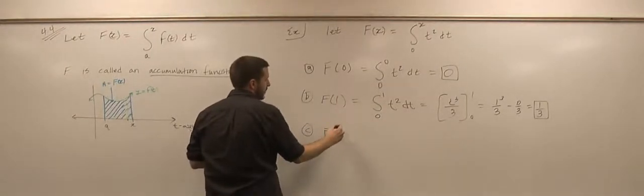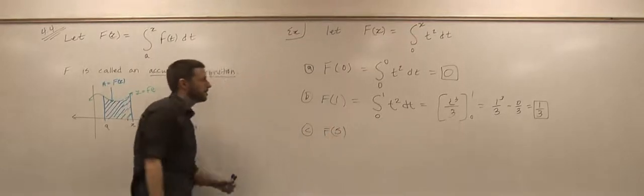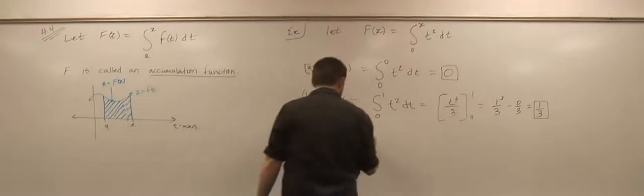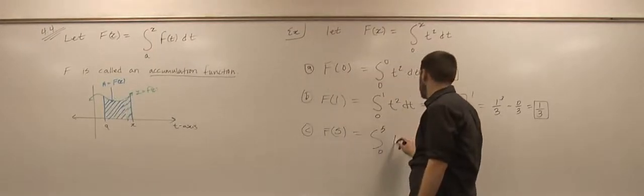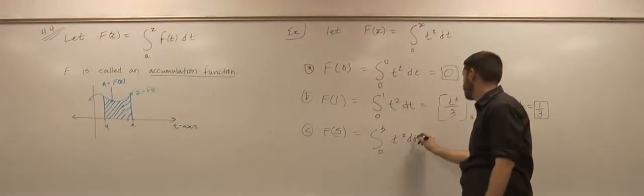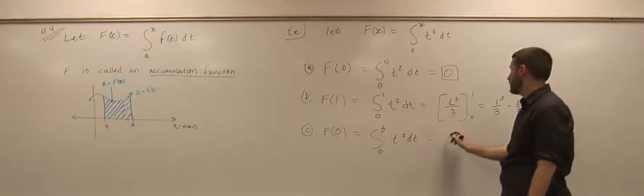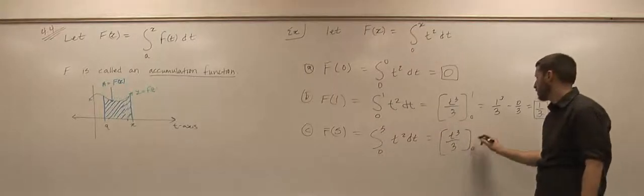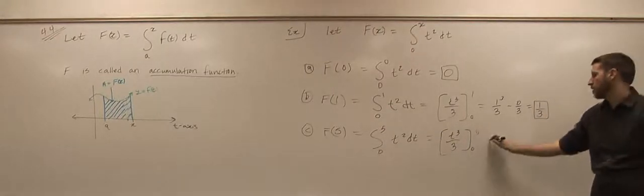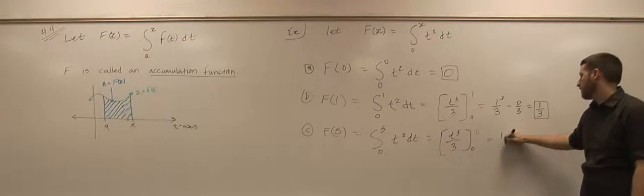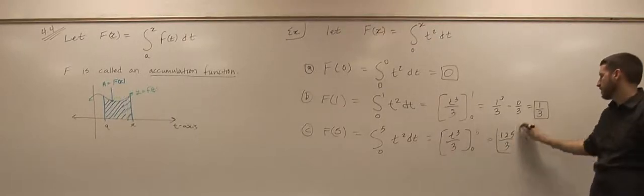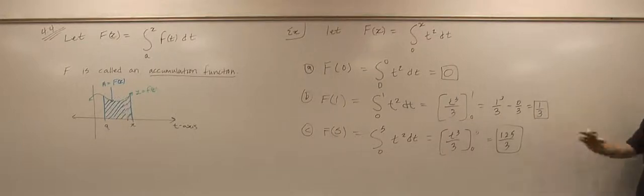What would capital F of 5 be? The area under the curve from 0 to 5, which means you'd do an antiderivative, t cubed over 3 again, but from 0 to 5, so it'll be 125 over 3 when you plug it in. You just keep growing, accumulating more area.